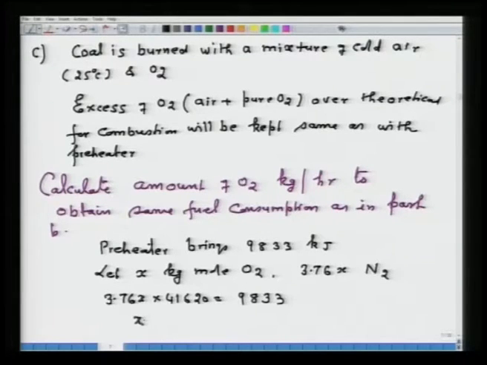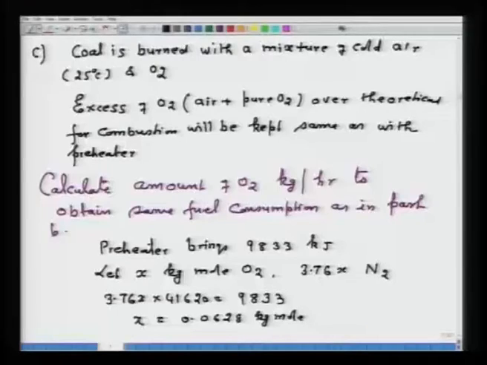So, the amount of x that I can calculate is 0.0628 kg mole. That much amount of oxygen, if I add, then I will be removing nitrogen, and hence less amount of heat will be carried away by nitrogen.